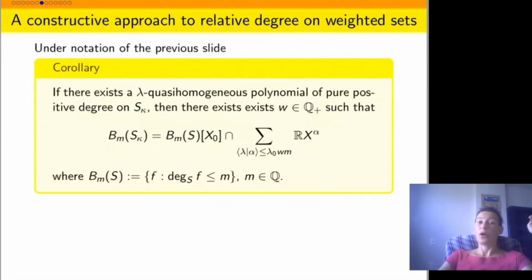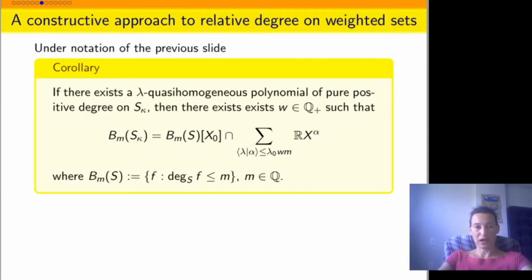So, the corollary from this theorem is that if there exists a lambda quasi-homogeneous polynomial of pure positive degree on S kappa, then there exists a positive rational number m such that the degree m module on S kappa is given as polynomials in the first variable x0 with coefficients from the degree m module on S, the lesser dimensional set, intersected with this half space.